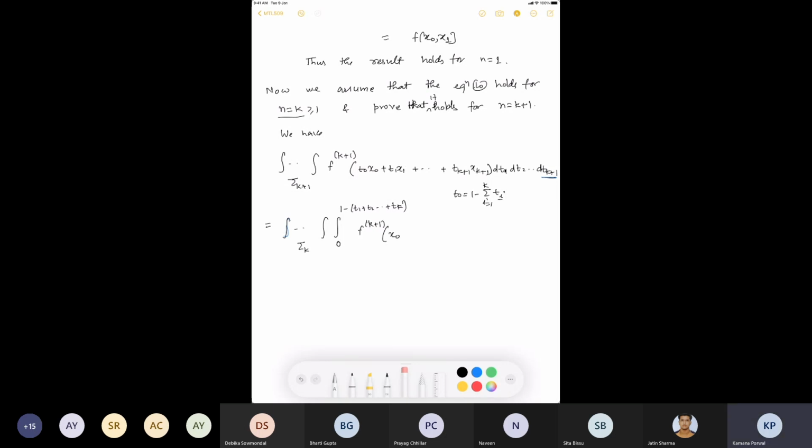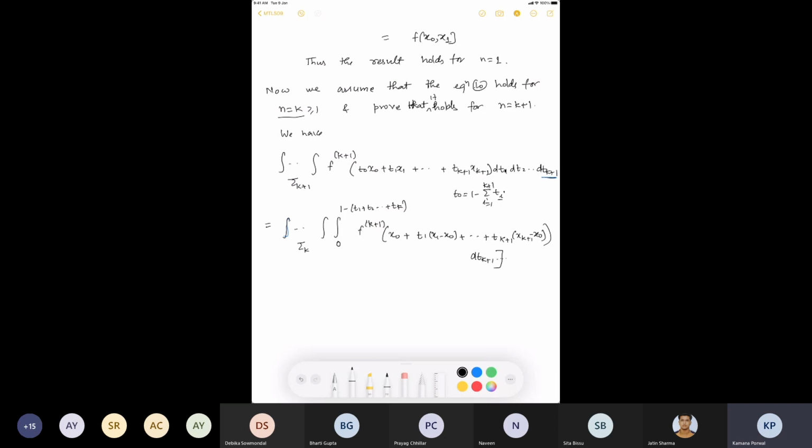Note that there's no bracket here. So we will get this as t1 times x1 minus x naught. The last term is going to be tk plus, sorry, this is k plus 1. Tk plus 1 times xk plus 1 minus x naught, and then dtk plus 1.